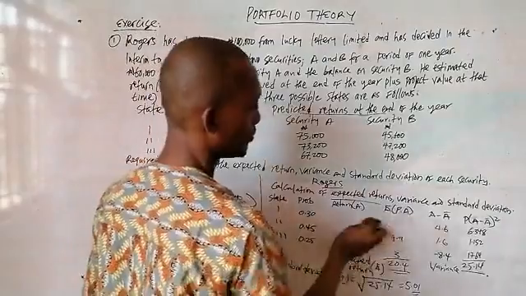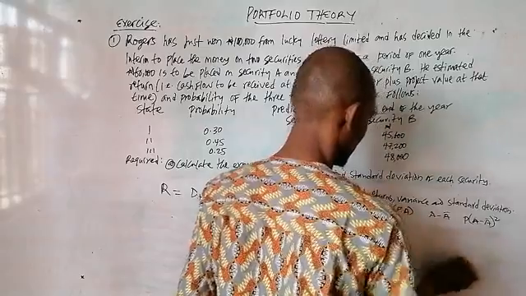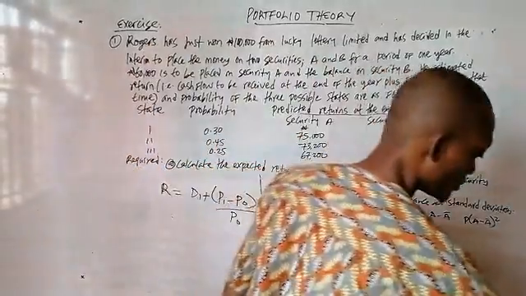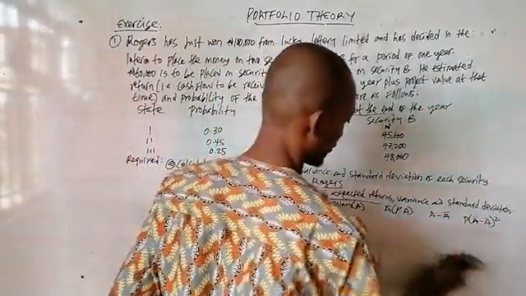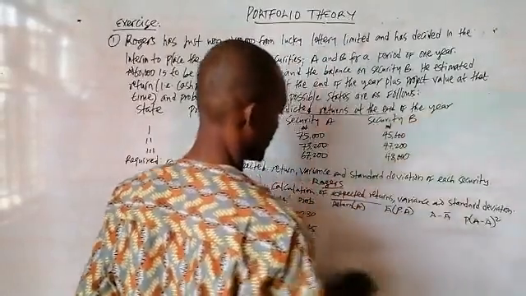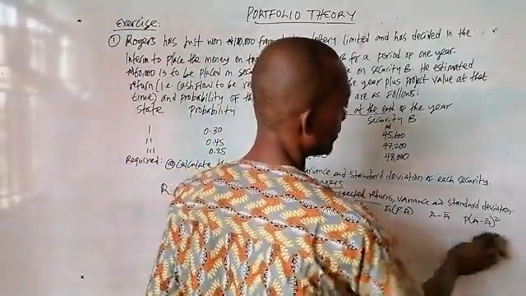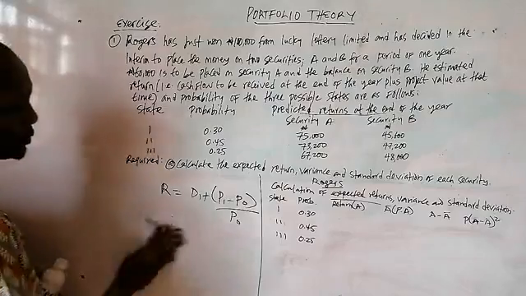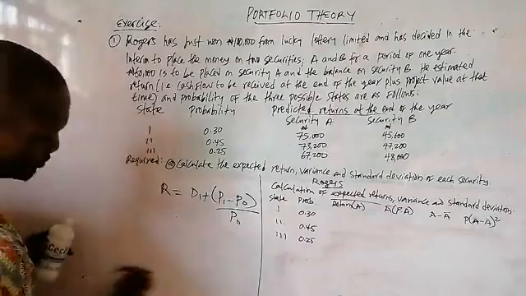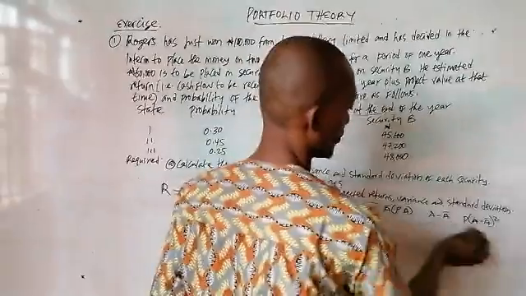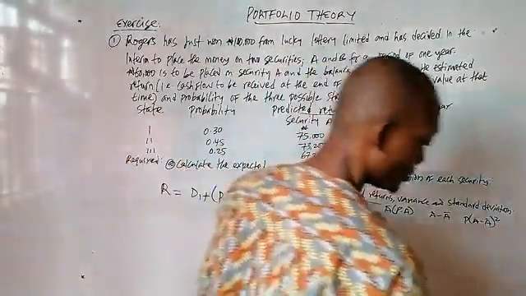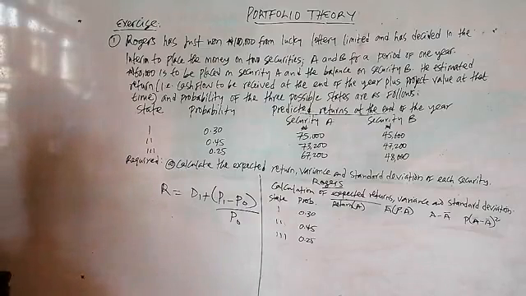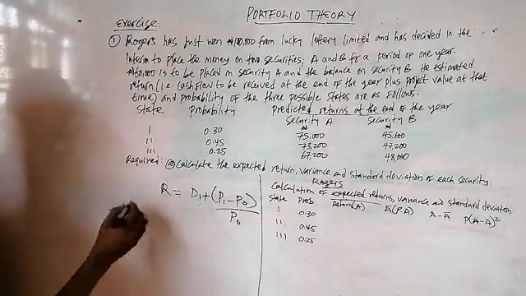Now for security B, we also have P1. What is our P1 for state 1?